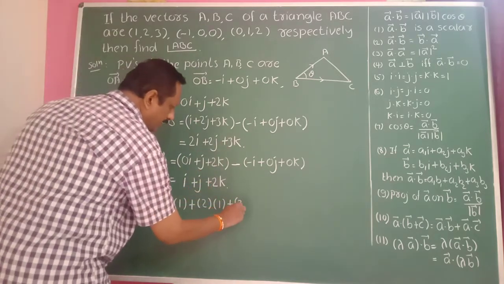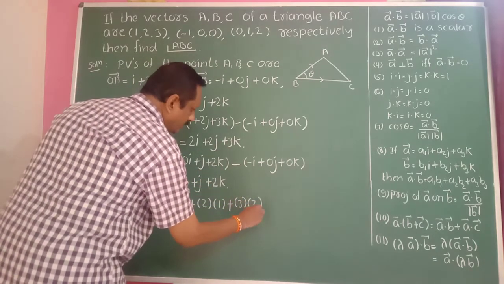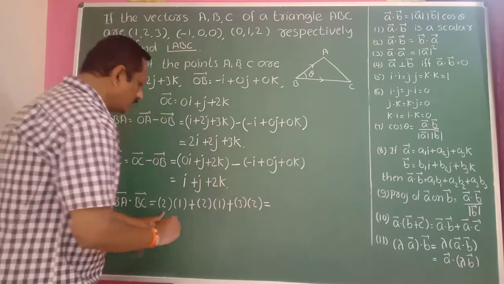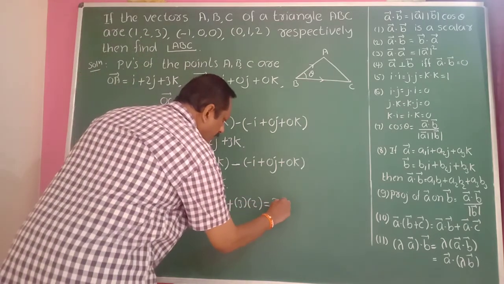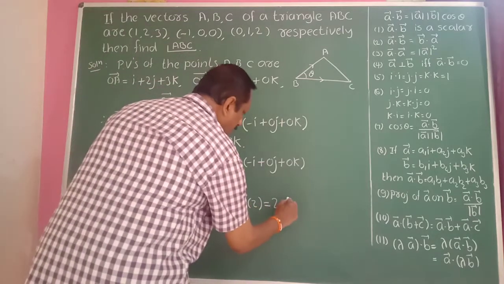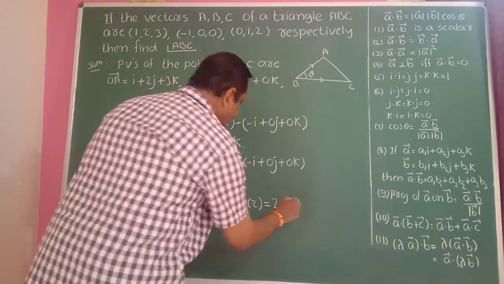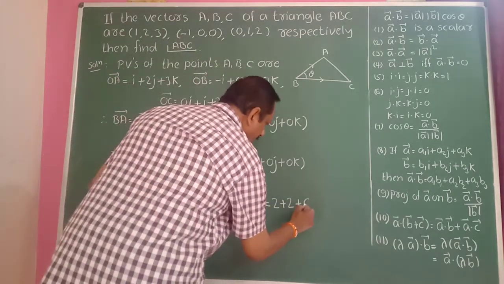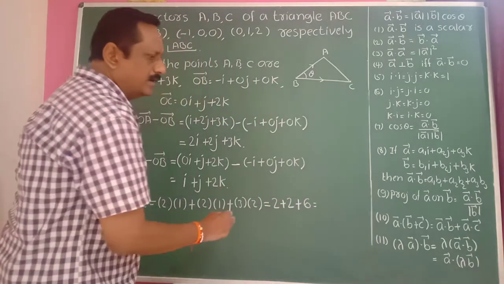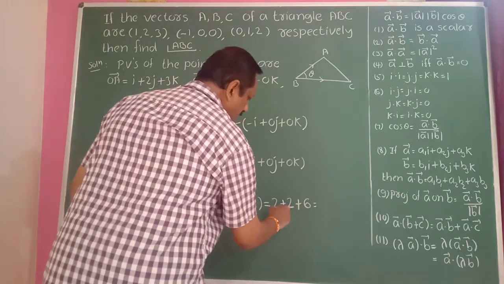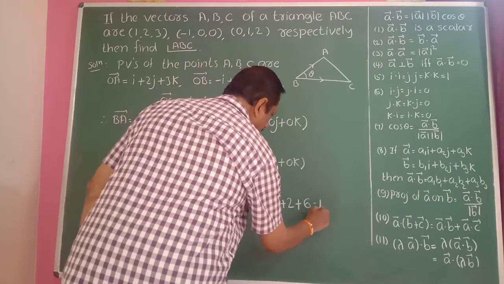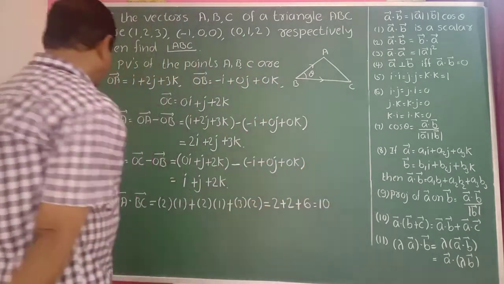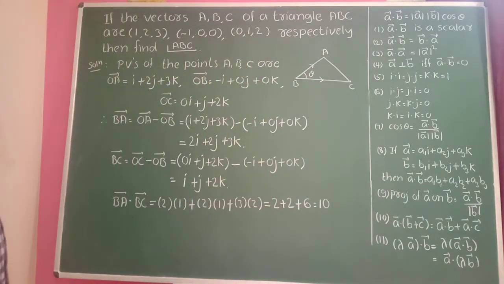That is 2 ones are 2, plus 2 ones are 2, plus 3 twos are 6. Then 2 plus 2 plus 6 becomes 10. So BA dot BC is 10.